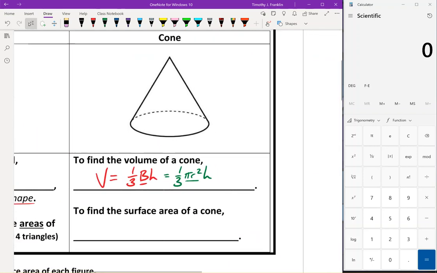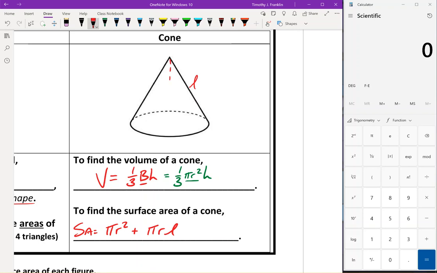Now surface area is a little different because we have one flat side here, but then this curved surface on top. And so the surface area of a cone is the area of the circle, that's pi r squared, plus the area of the curved shape on top of the circle, which is pi r L, where L is the slant height, the distance from the top all the way down the side to the bottom.